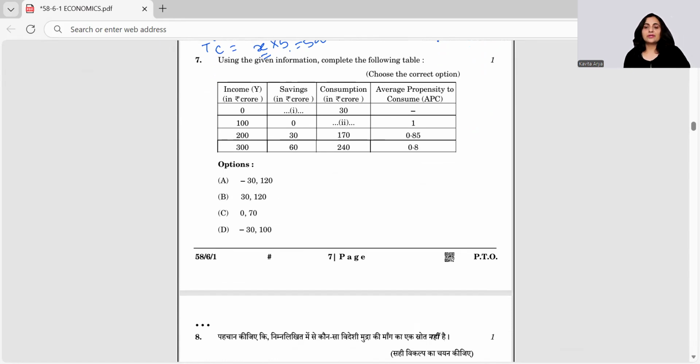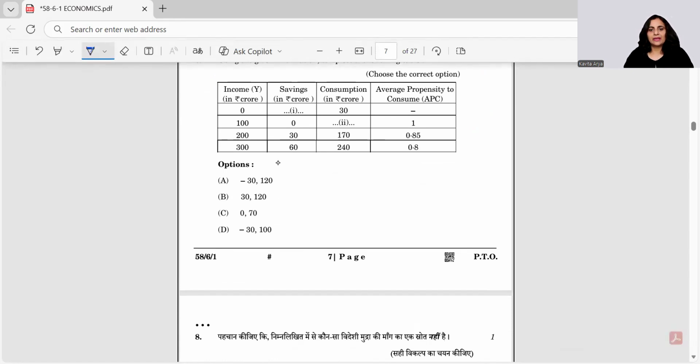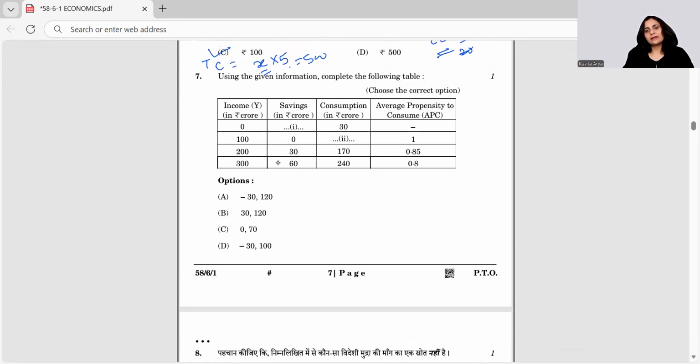Using the given information, complete the following table. And here in this table, we are given income, savings, consumption, and APC. And the first dash is for savings. At zero level of income, when we are consuming 30 and we are not earning, so what is our savings? Our savings are negative 30. It means we are dis-saving because we do not have any income or we are borrowing.